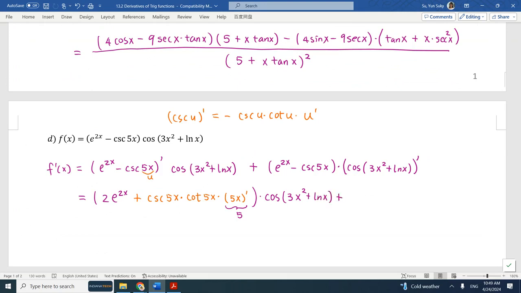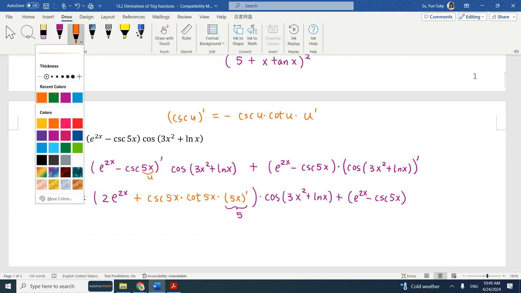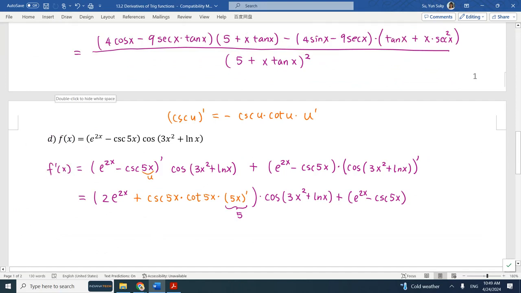Right? The next factor, do we need to do anything to it? No. So we copy down.